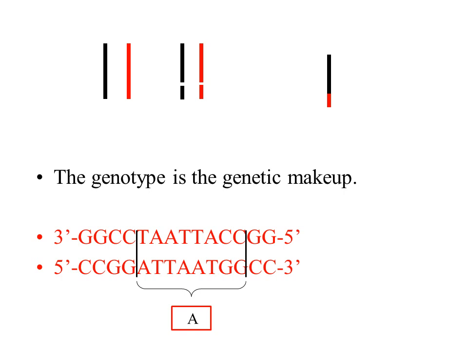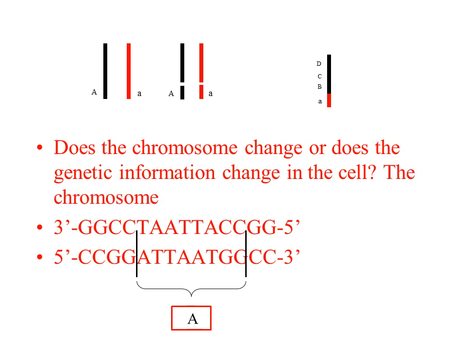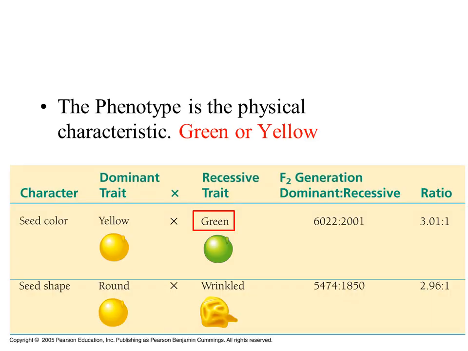If it's purple versus white and the purple is dominant, they typically pick the letter P. So again, the genetic sequence is technically the genotype, but we just use the letters denoted for it to represent that sequence. The phenotype is the physical characteristic, what you see, what you taste, what you feel, something that can be detected with your senses.